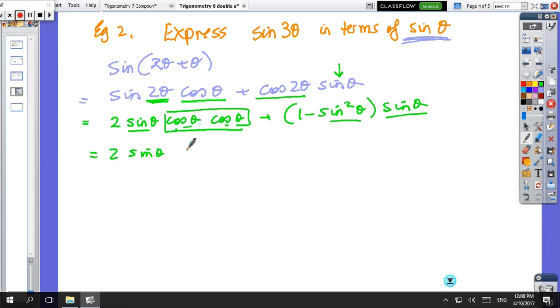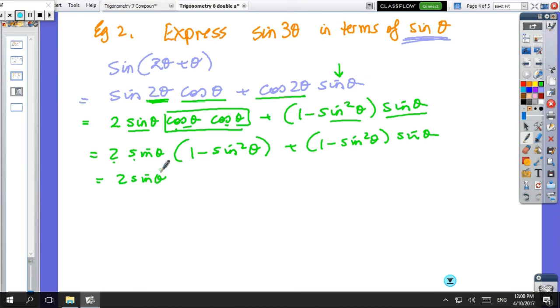Now this is cos squared again, which means I've got 1 minus sine squared again, plus 1 minus 2 sine squared theta times sine theta. Now it's expand out. 2 sine theta times 1. 2 times minus is minus 2 sine cubed, plus 1 times sine theta, minus times a plus is a minus, 2 sine squared times sine is 2 sine cubed.